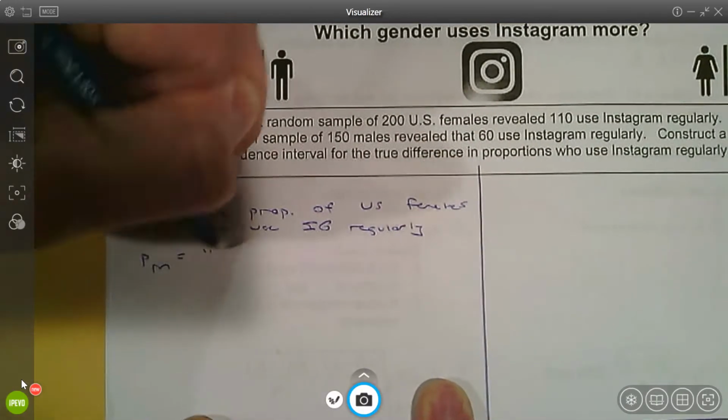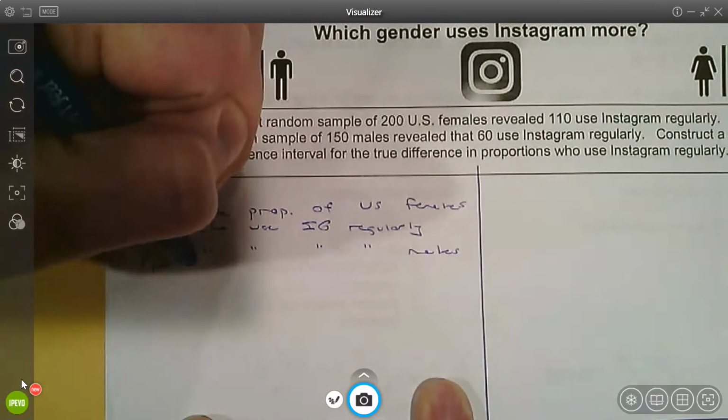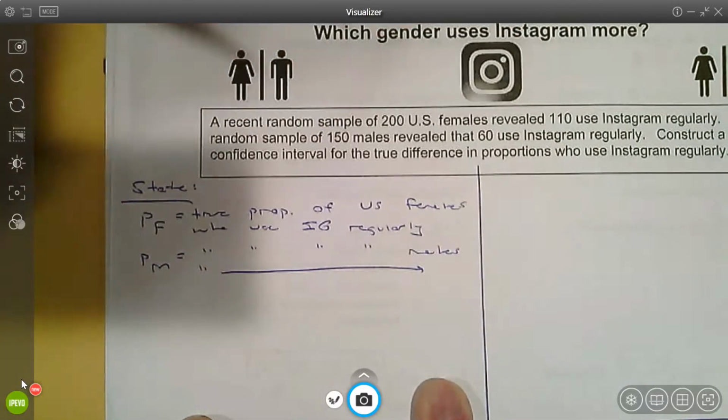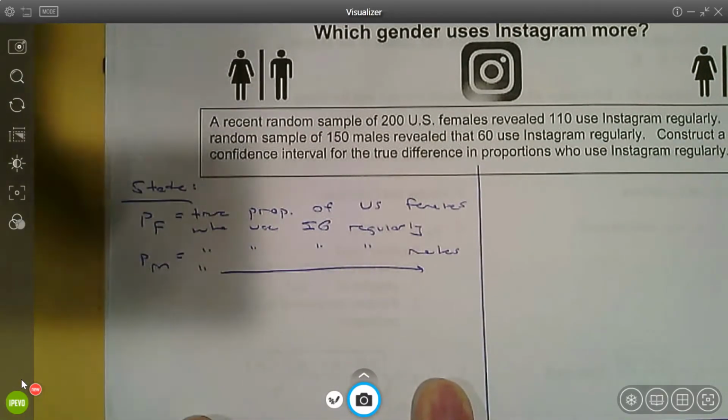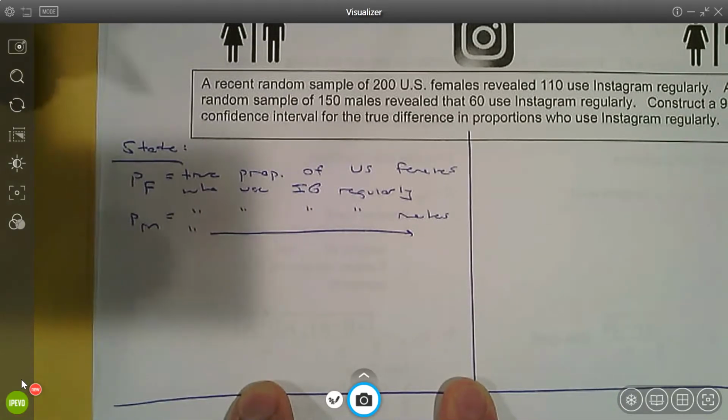PM, true proportion of US males who use Instagram regularly. If this is a test or an AP exam, I'm going to write it out, but for the sake of it being a lesson, I'm not. So I have my parameters in context defined, and then I am good with the state step.